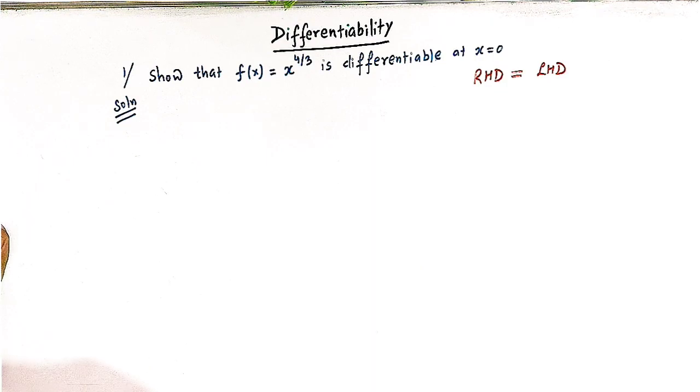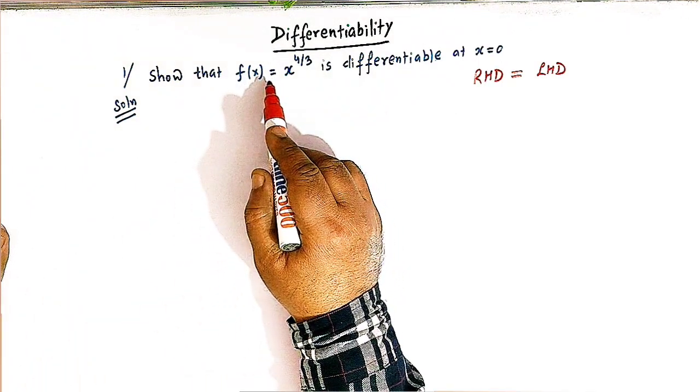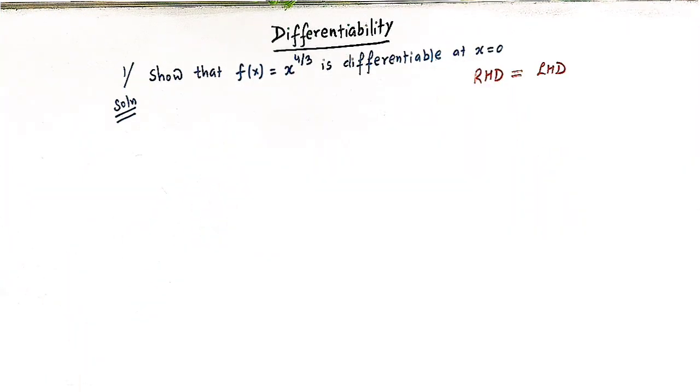So let us separately find out the right hand derivative and left hand derivative of this function at x is equal to 0.